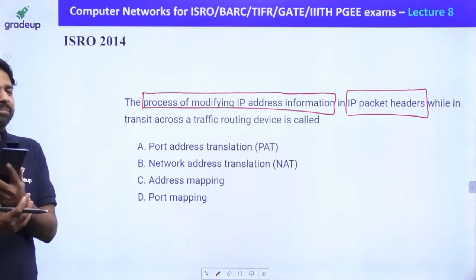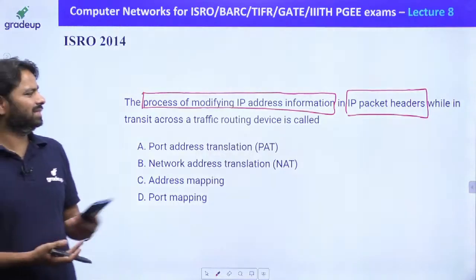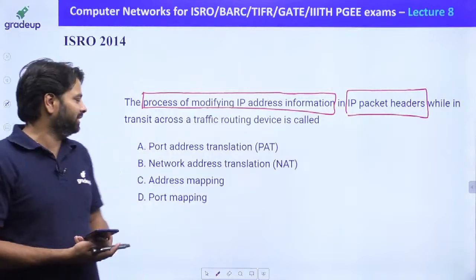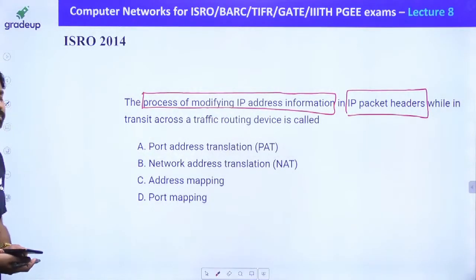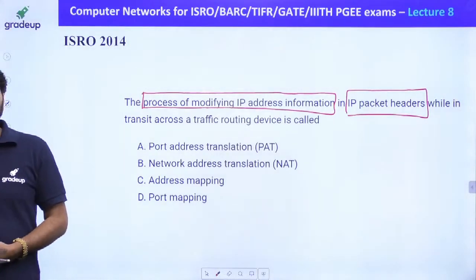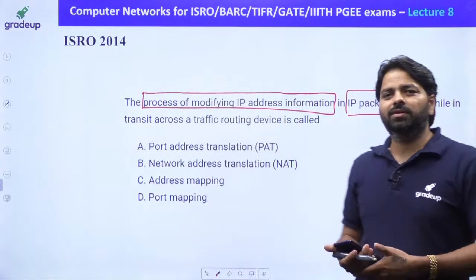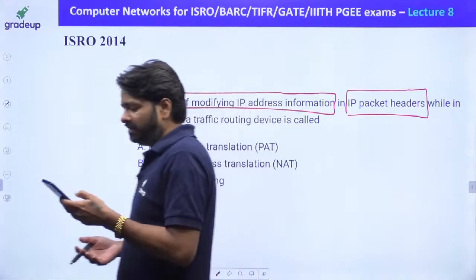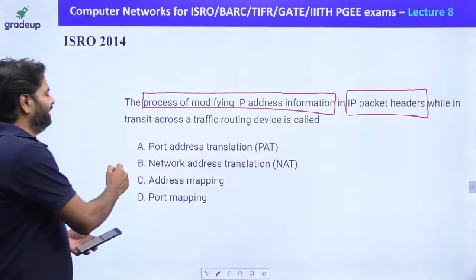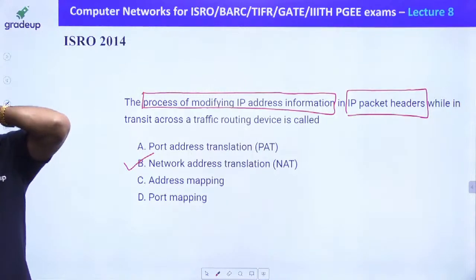When you're talking about IP, is it going to be a port or network basically? Yes, we know it is address translation because you need to modify the information. Yeah, correct, Anvesha. Yeah, you're talking about IP information. It is network address translation. It is network address translation, correct.